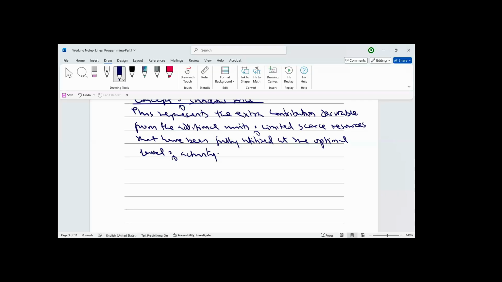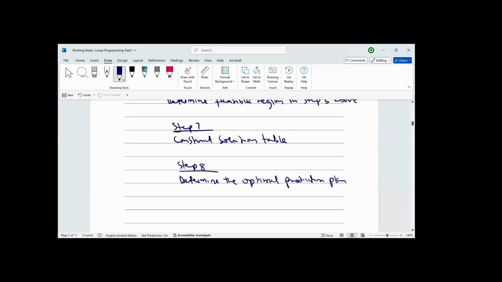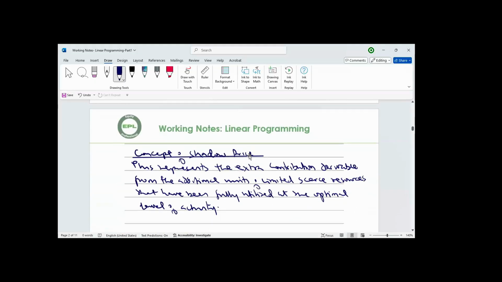In step 7, where you have the solution table, that's where you determine the optimal production plan that you are going to produce. At that level where you have made your decision, that's the optimal level of activity, which represents the binding constraint.